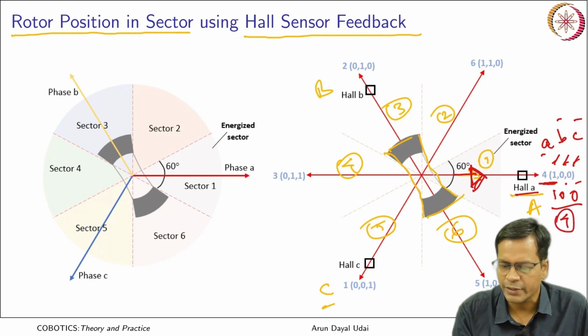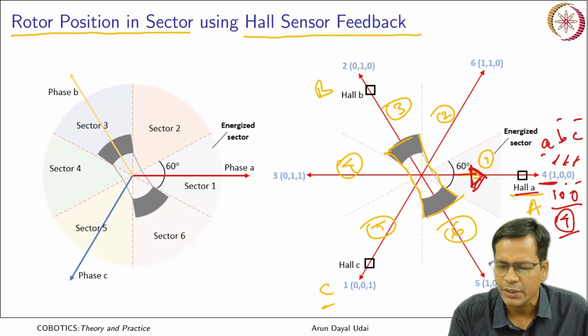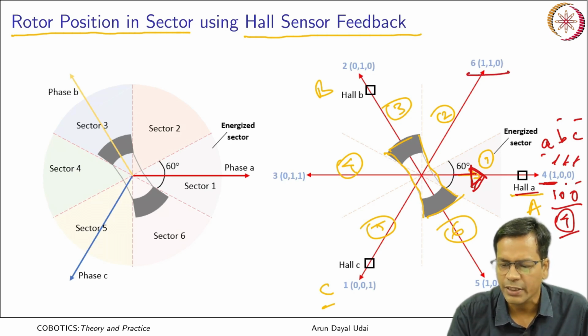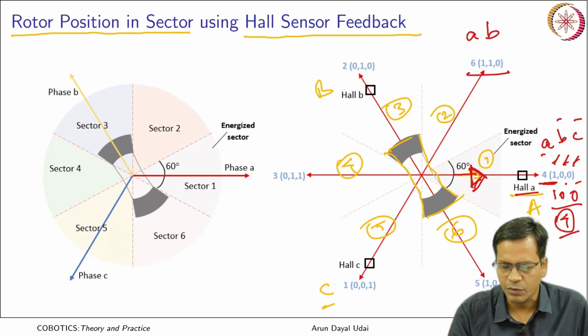So whenever it is at this location in sector 1, it will give me 4 if the 3 bits are converted to decimal. So what happens when it is here? This energizes Hall effect sensors A and B both, and C, which is quite opposite to it, remains at 0. So this will give me 1 1 0.